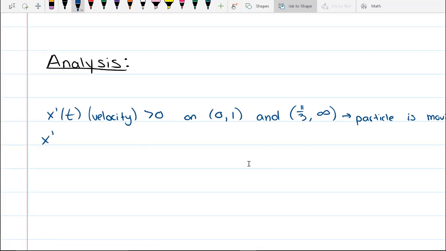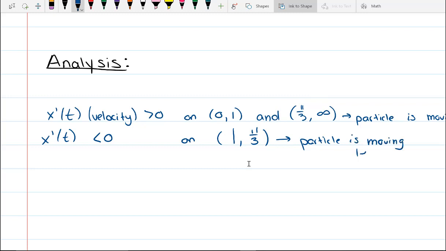Then we have the interval where x prime of t is less than 0 on the interval (1, 11/3). This means the particle is moving left.